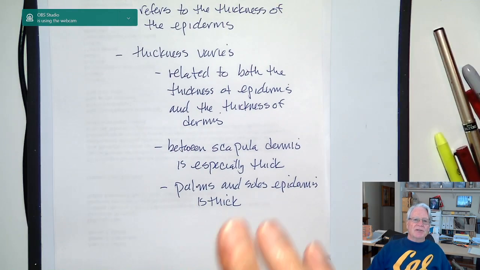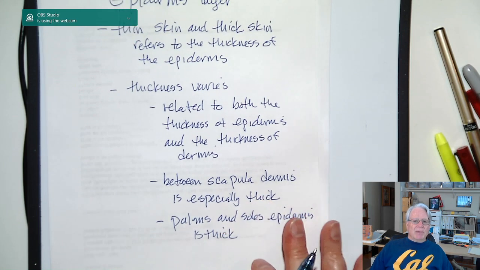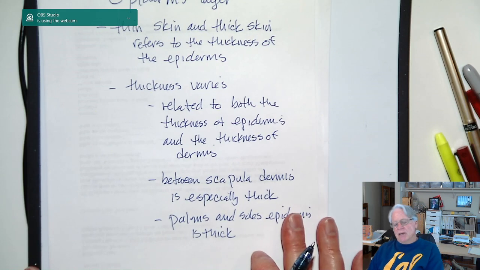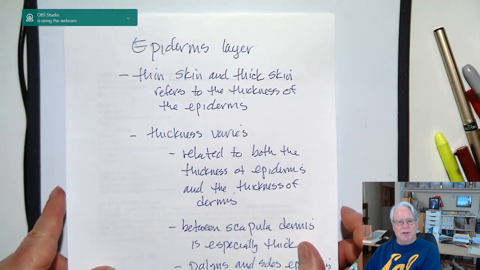So there are variations in thickness in terms of the entire structure that we call the skin, and each varies in thickness depending on where you are in the body. But the actual terminology, thick skin, thin skin, is in reference to the epidermis only.